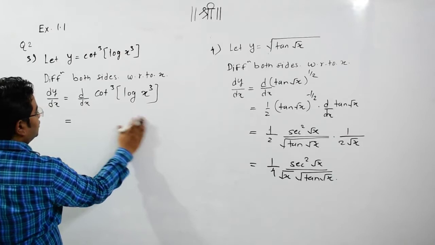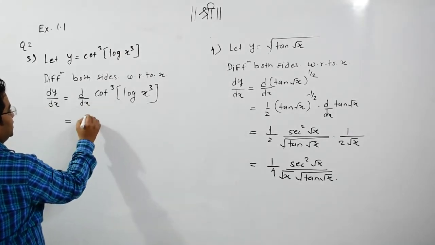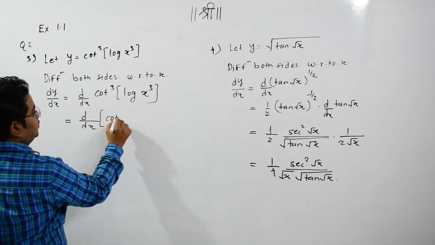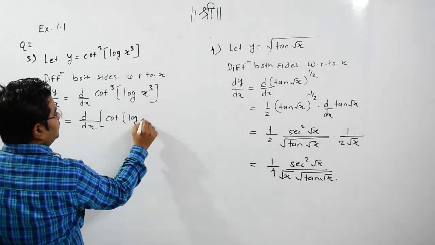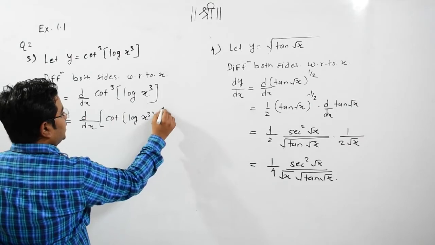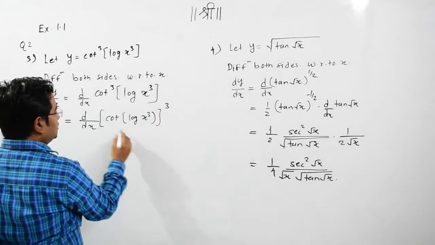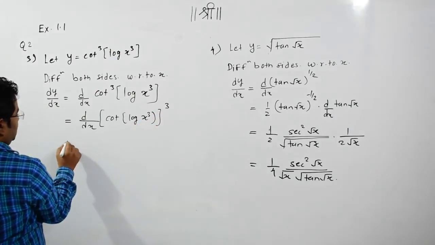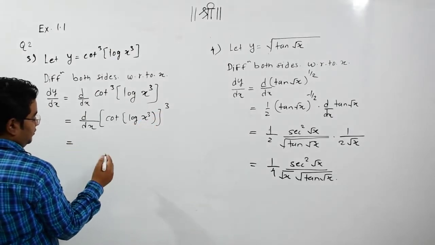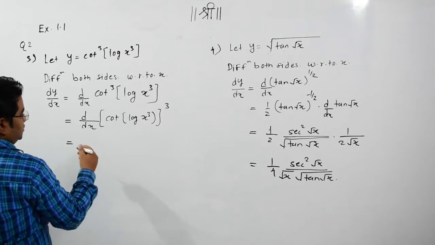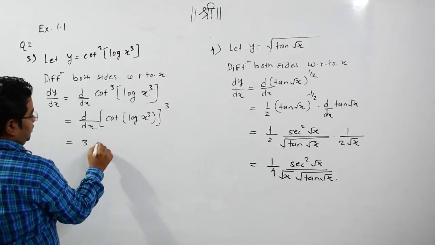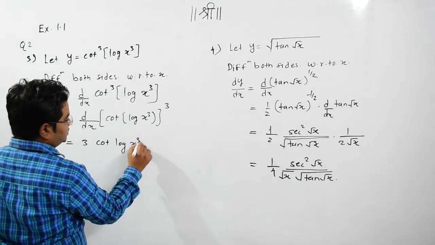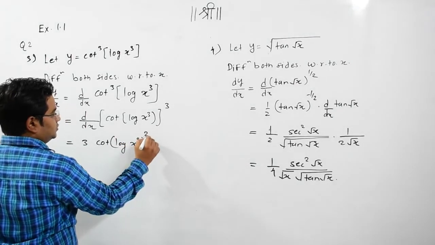Here it is d upon dx of cot log of x cube, bracket complete cube. So this is f of x cube. The derivative of f of x raised to 3 will be 3 times f of x raised to 2, where f of x is cot log of x cube.